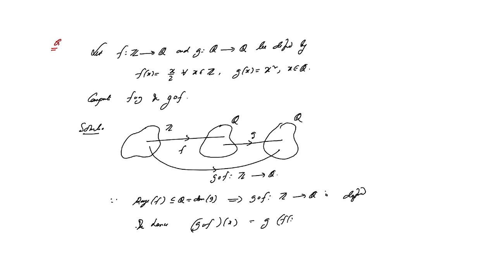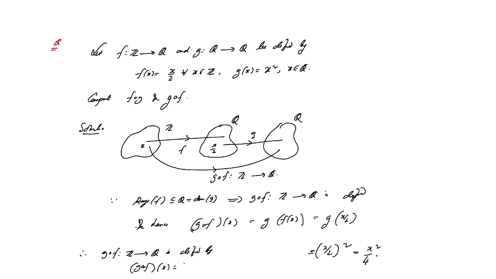That will be G of F(x). F(x) will be x goes to x by 2. G is x square, so that means x by 2 whole square, which is x square by 4. So G composed F from Z to Q is defined by G composed F of x equals x square by 4 for all x belongs to Z.